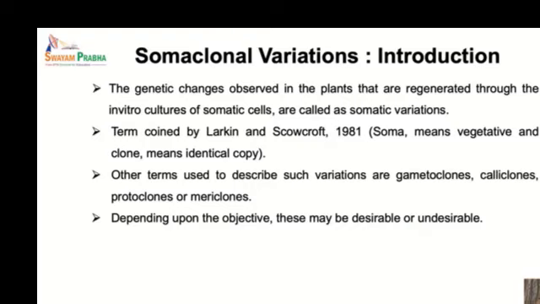For example, if the objective of the in vitro culture is the clonal multiplication of an elite cultivar, like what we earlier studied in micropropagation, these variations are undesirable, as the introduction of these variations in the elite cultivar can result in the loss of the quality or the quantity of the commercial product, or it may introduce other unintended characteristics.